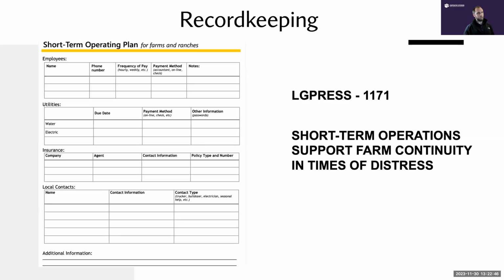And that probably gets into a little bit of succession and estate planning. We're not really going to touch on that today, but this was just a short article that a coworker and I had done. It lists a couple of resources from other extension programs where they have a template for farmers and landowners to use, where they can list this information. So if those situations do happen, then you have it on hand.